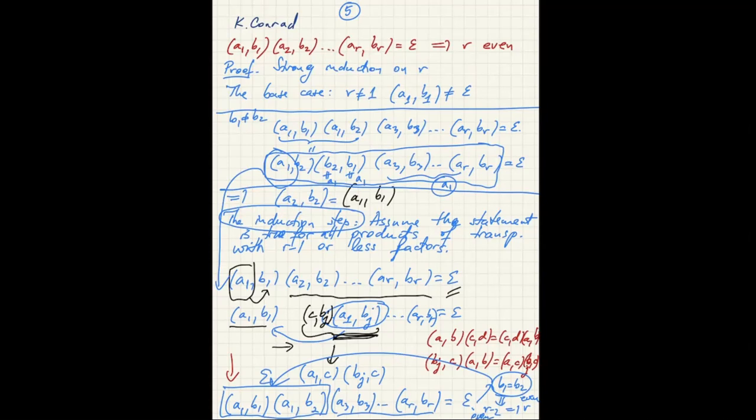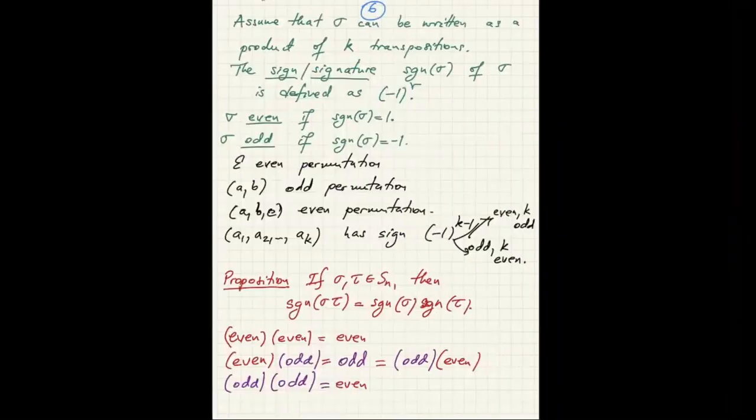So eventually you cannot end up with a situation where you have A1 only in the first two transpositions and nowhere else, and the product of all these transpositions equals the identity, because A1 wouldn't be fixed by the permutation on the left. So eventually you have to end up here, and we get that R minus 2 must be even and R must be even. Okay, so I hope this makes sense.